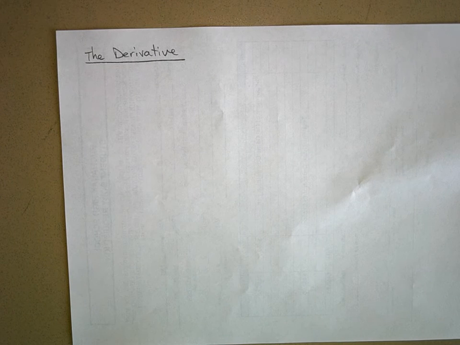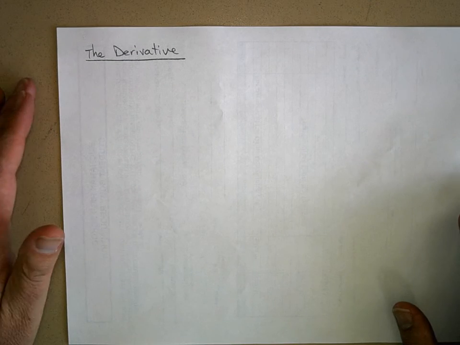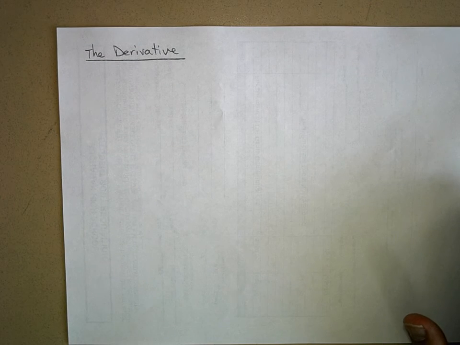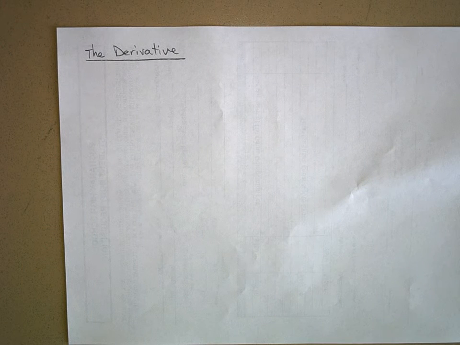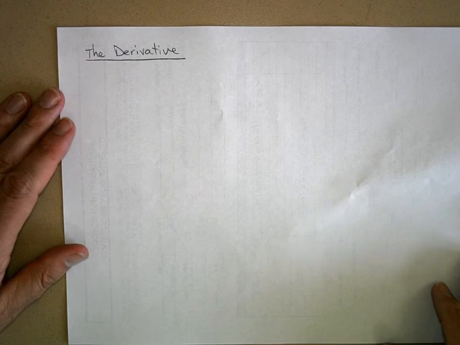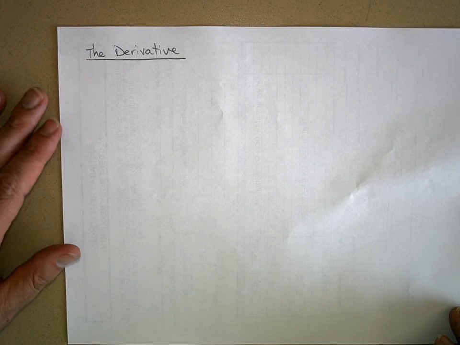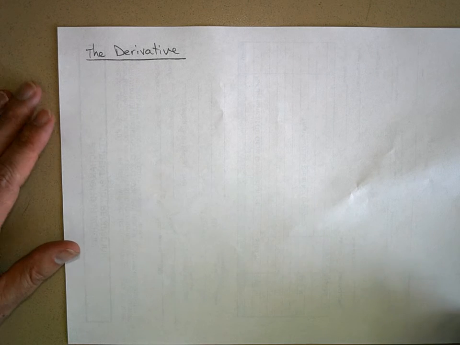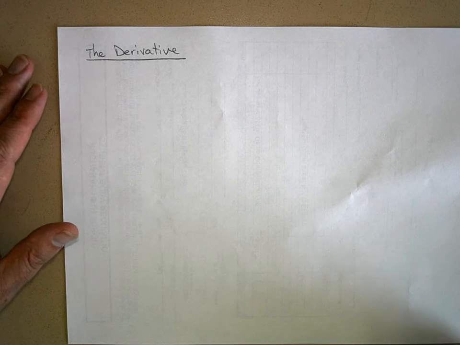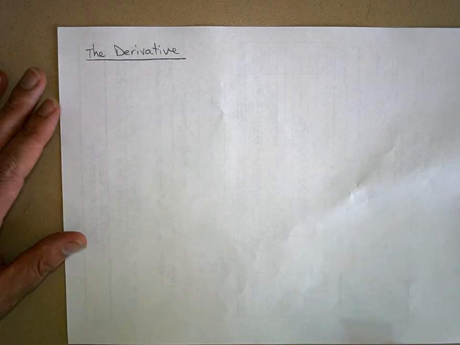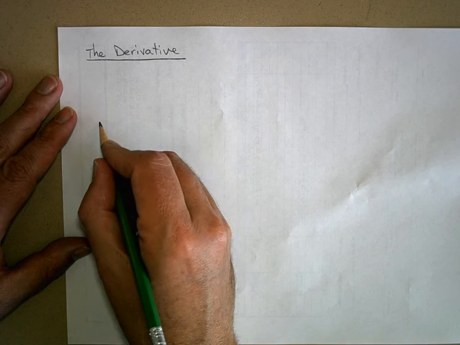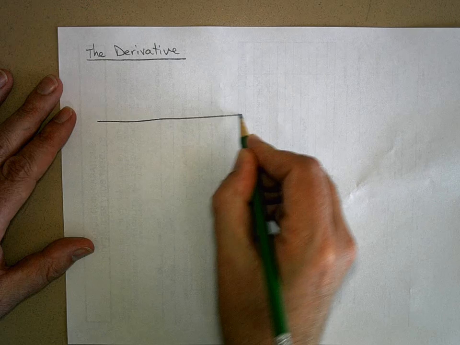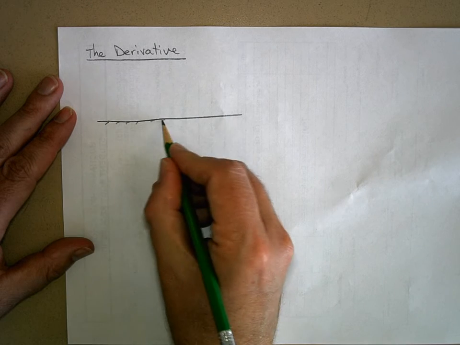Now, I'm also going to take a different approach than most math teachers would, kind of a physicsy approach. So let's get started. Let's suppose somebody's walking along a sidewalk at a fairly rapid pace. Okay, so here's the sidewalk.